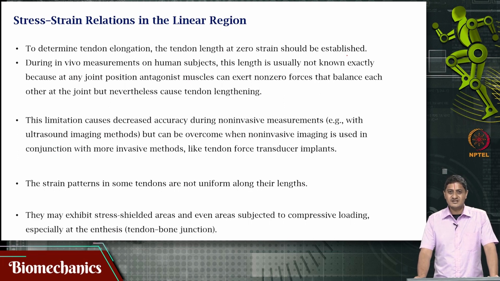Muscles are fully at rest only when the person is having some serious problem. Mostly muscles are active, so there is going to be some tone or some non-zero force that will always be there. In any joint position there will be activity of the antagonist muscle that can produce non-zero forces that will balance each other, but can cause some lengthening of the tendon.